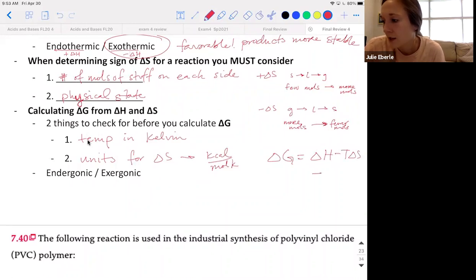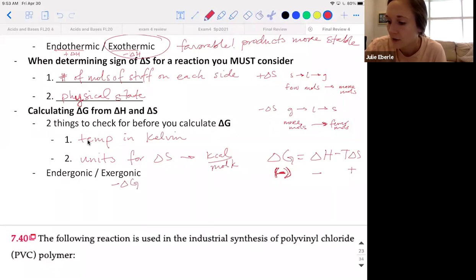A negative delta H and a positive delta S will always give you a negative delta G. Is this endergonic or exergonic? Similar to endo and exothermic, a negative delta G. Maddie said exergonic.